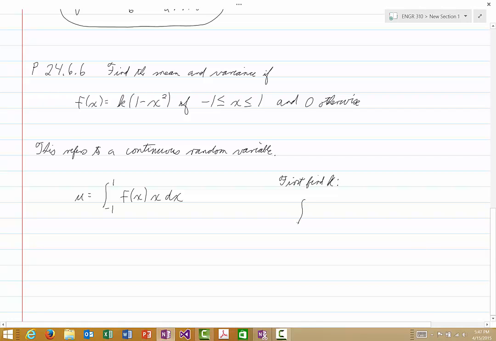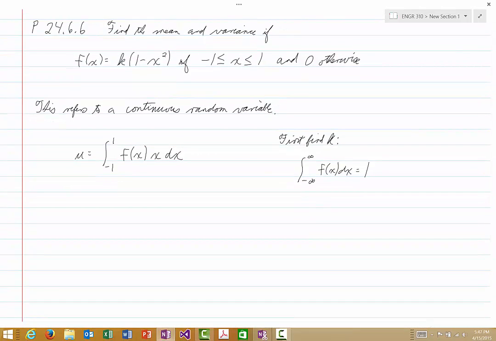To find k, we use the fact that if we integrate f of x dx from -infinity to infinity, we will get 1, because that represents the probability that the random variable has some value between -infinity and infinity, so that's 1.